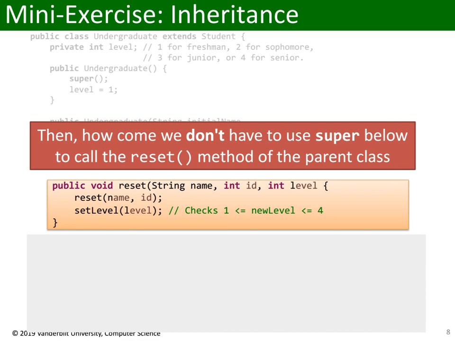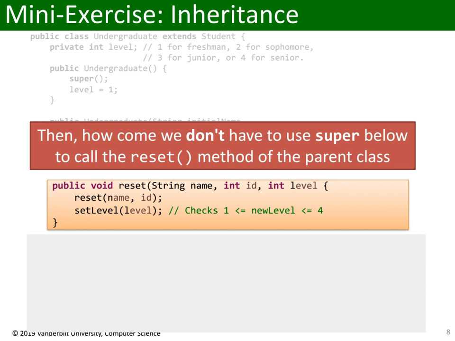Well, in this case, we are not overriding the reset method. We are overloading it. Notice, the reset method from the student class has the same name as our new reset method, and they have the same return type, but they have different sets of parameters.